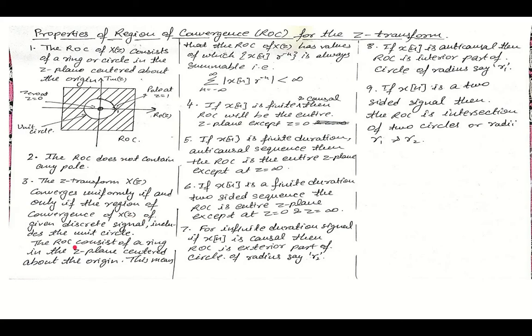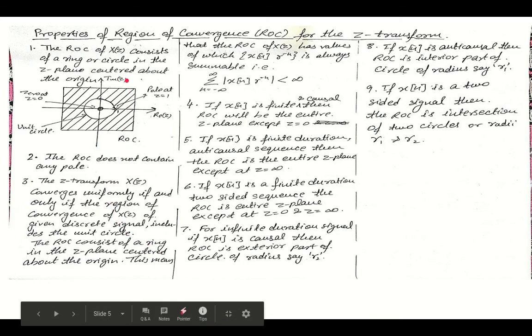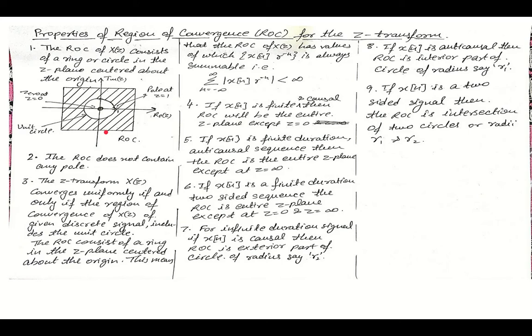Now the further part says the ROC consists of a ring in the Z plane centered around the origin. This means that the ROC of X(z) has values of r for which x(n) times r to the power minus n is always summable.